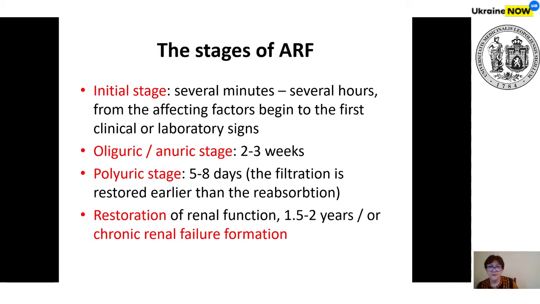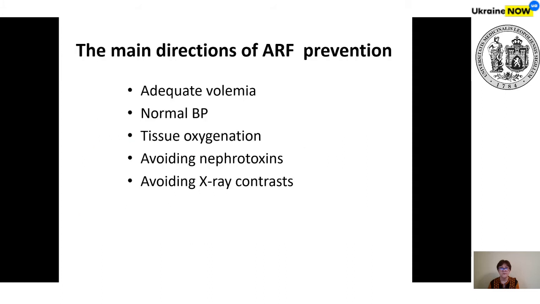The oliguric stage is followed by the polyuric stage, due to the fact that filtration is restored earlier than the reabsorption process. It can last about a week. And the last stage is restoration of renal function, during 2 years, or chronic renal failure formation.